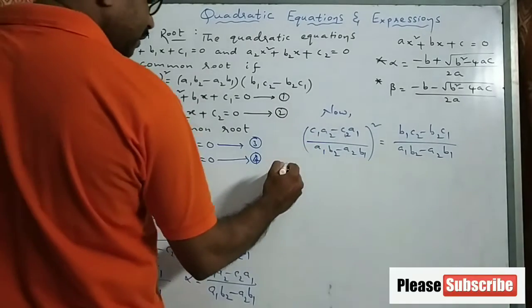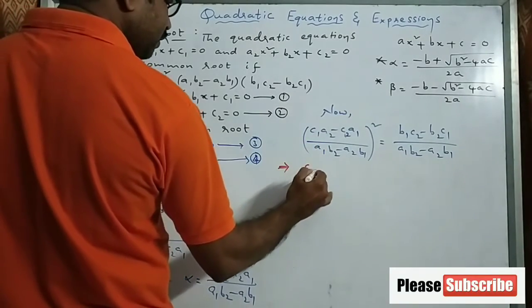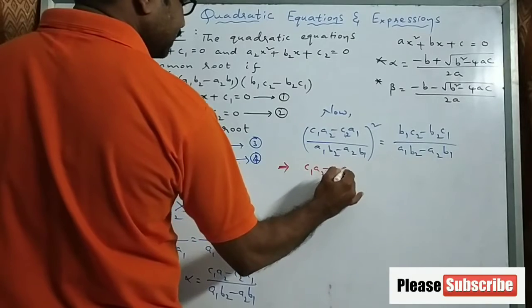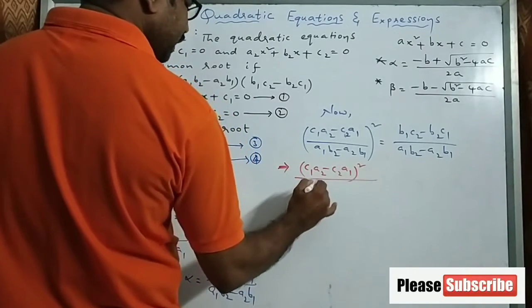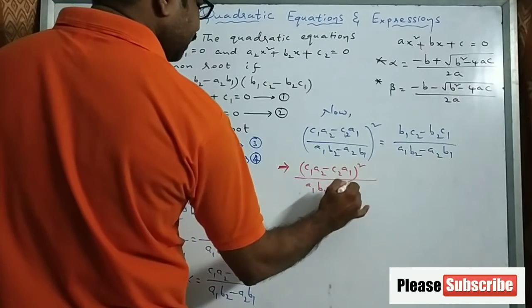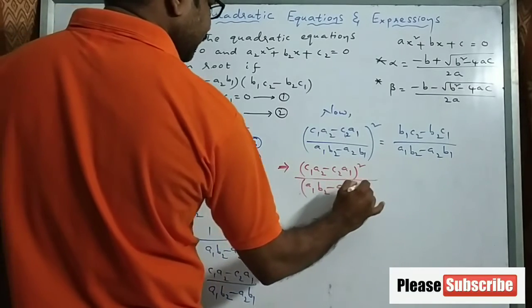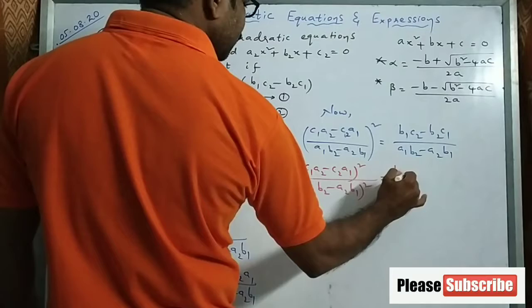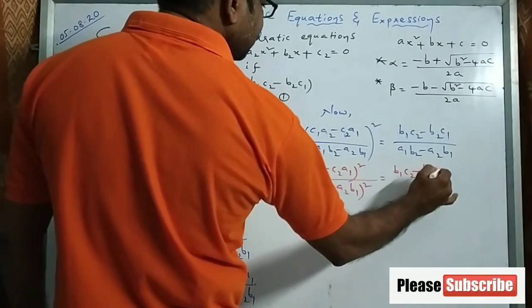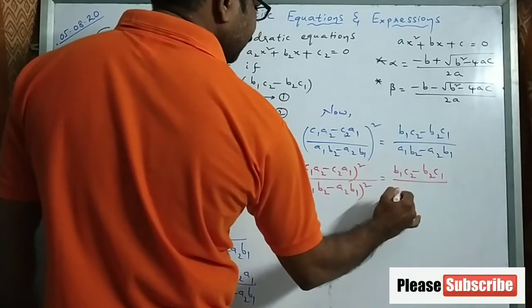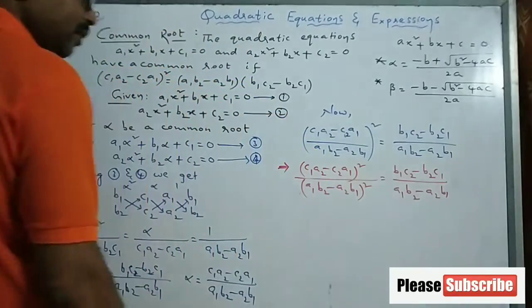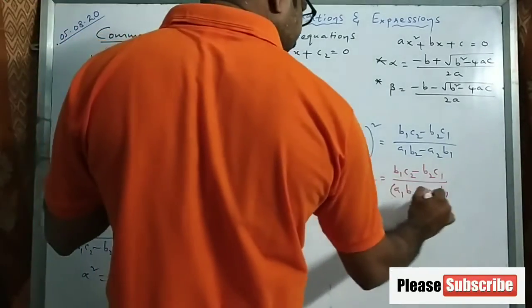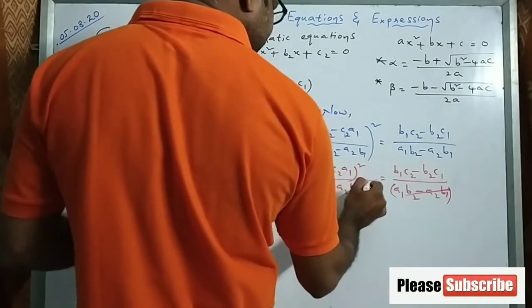Whole square is there. So what can we write now? c1a2 minus c2a1 whole square by a1b2 minus a2b1 whole square equal to b1c2 minus b2c1 by a1b2 minus a2b1. One factor gets cancelled.